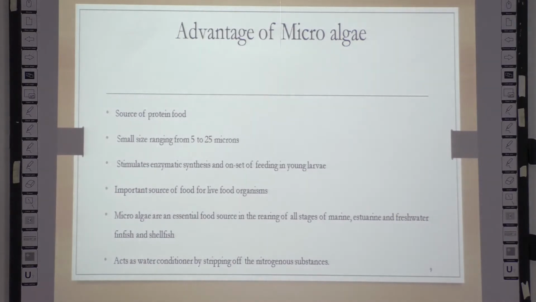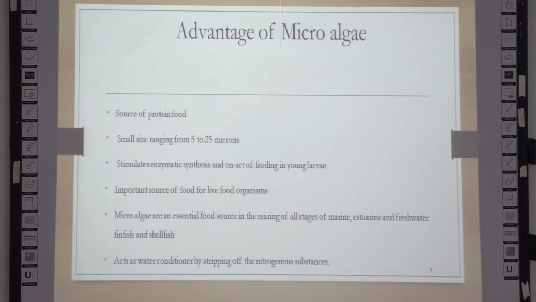Now, what are the advantages of using the microalgae in rearing the fish and prawn larvae? As I said, it is a source of protein, and the size is very, very small. The microalgae range from 5 to 25 micron.